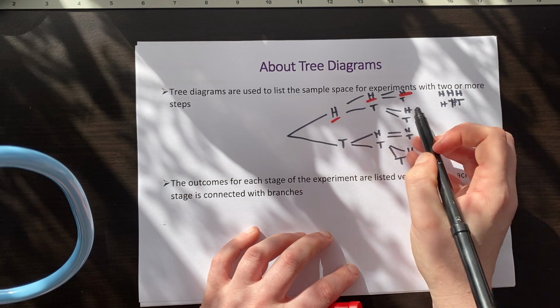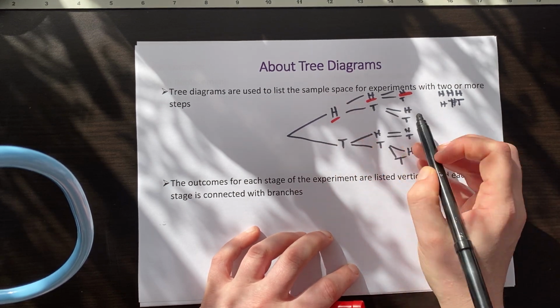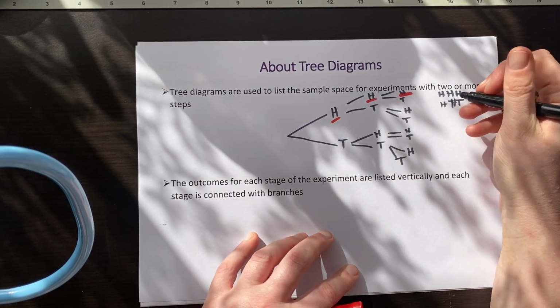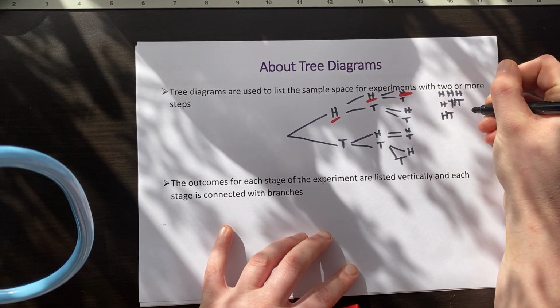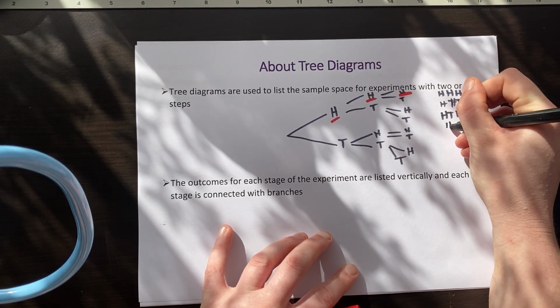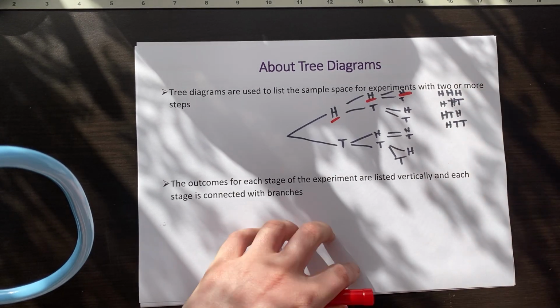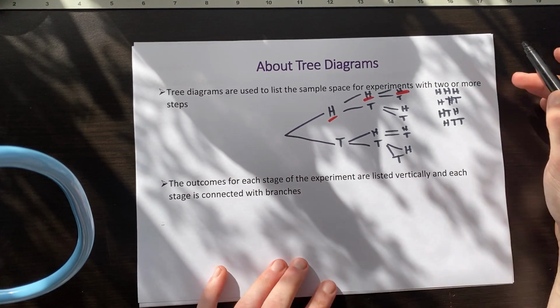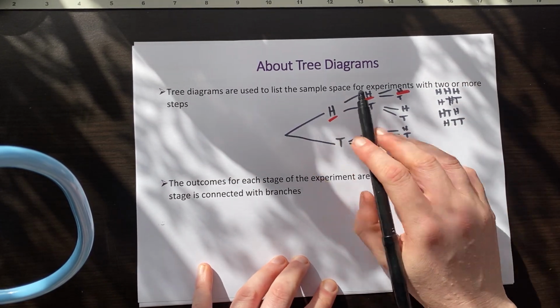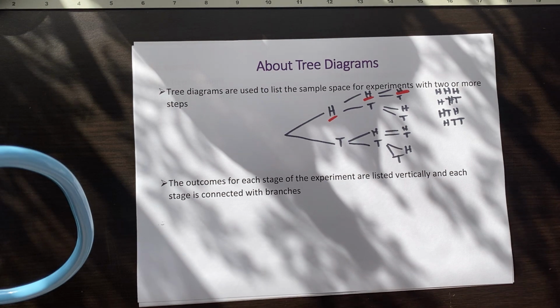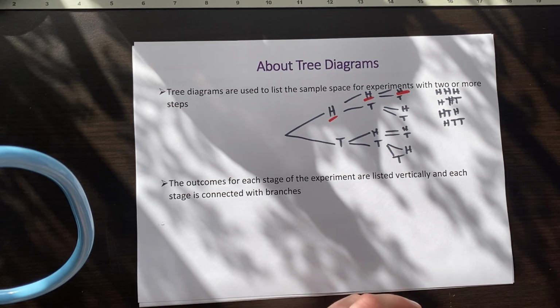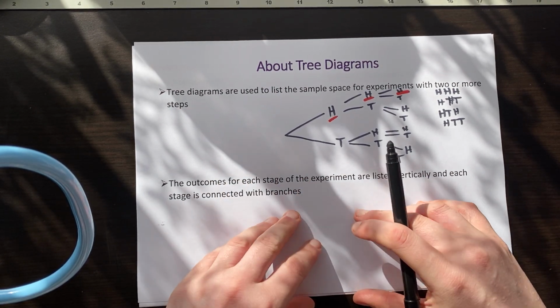Then you could go heads, tails, tails. They're usually just listed all down the side in order. If you were to keep listing this, it would continue to look a bit like this. Each stage is connected through these branches. If drawn nice and neat, it actually looks a little bit easier to read than what I've done here.